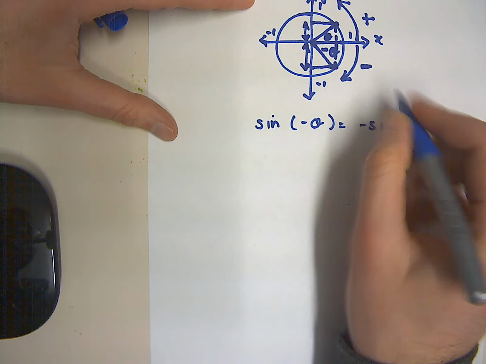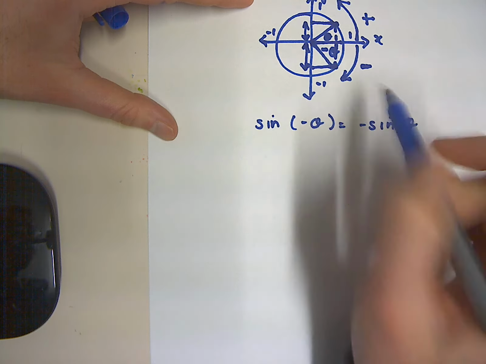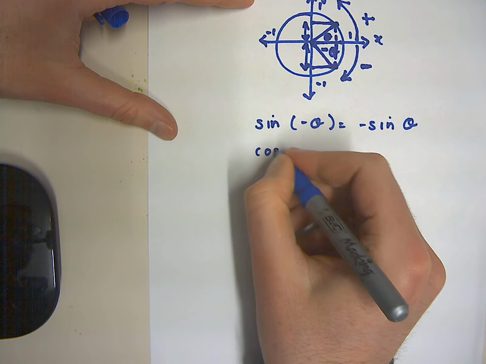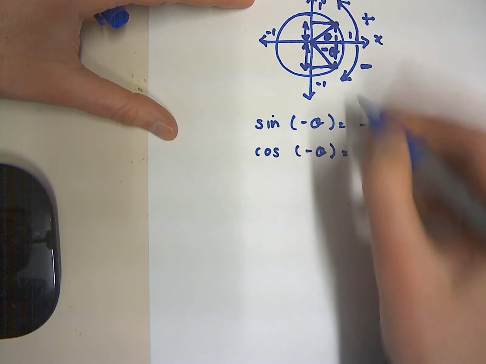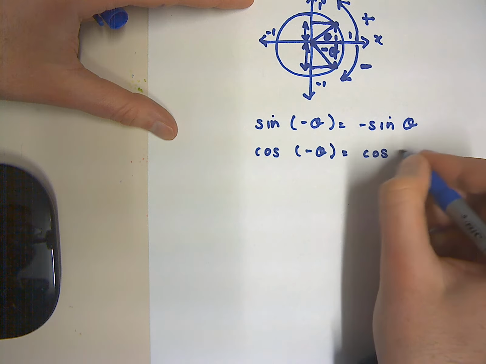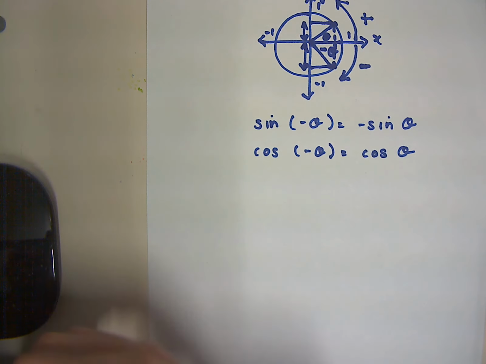The values will be the same, but because we're moving down for negative theta here, the y-coordinate will be negative. And then cos of negative theta, well, that's exactly the same. They're both positive x-coordinates, and so that will just equal cos theta.